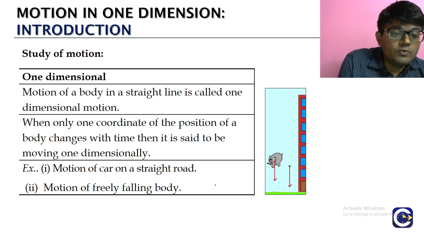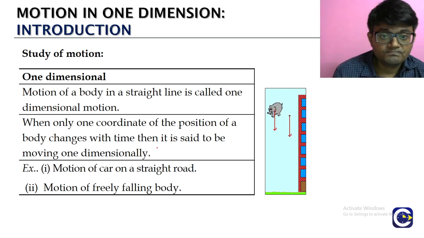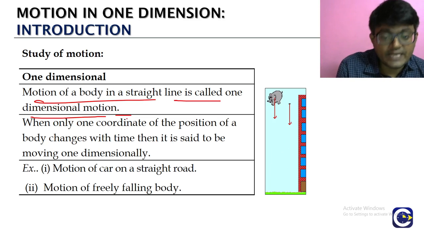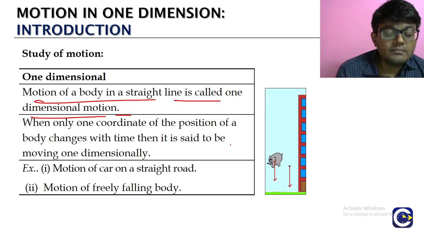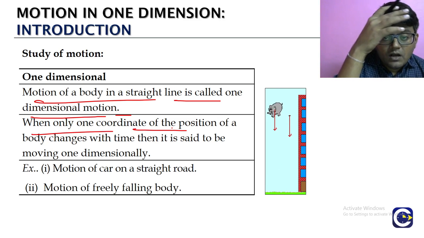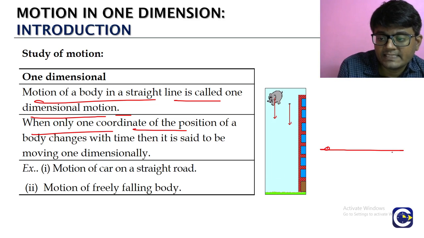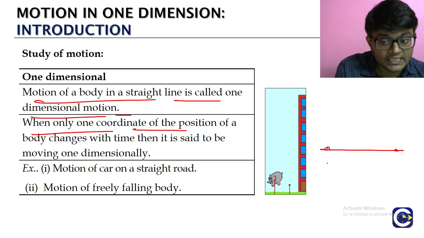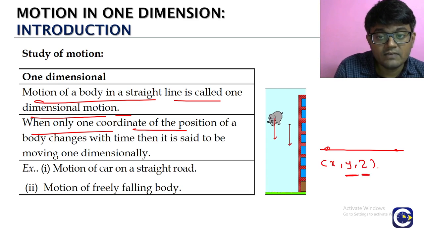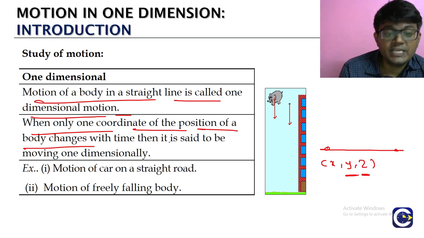If a body is moving in a straight line, then we will say it is one dimension. Why? Because only one coordinate of the object's location will be changing. If it is moving along the x-axis, only the x coordinate will change, and y and z values will not change.